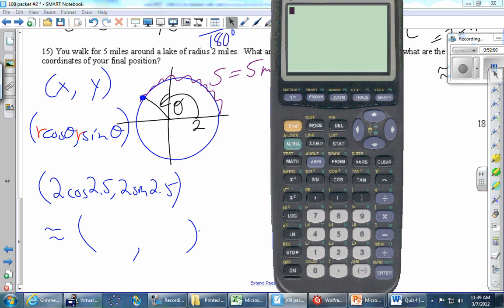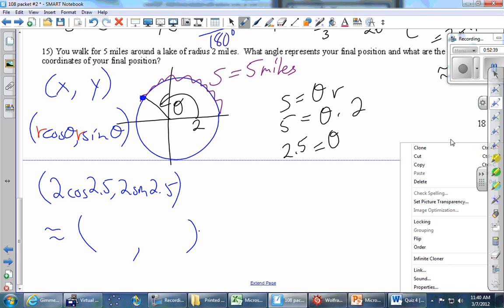And if we do 2 cosine of 2.5, we should get the X. And same thing for the sine. That's the Y. So we'll just write that negative 1.6 and about 1.2.